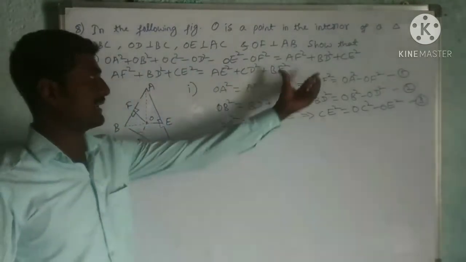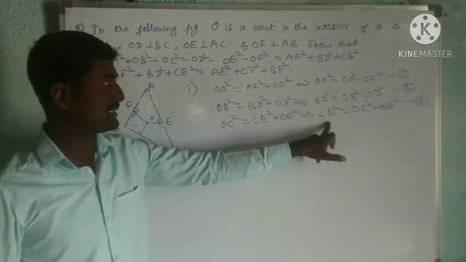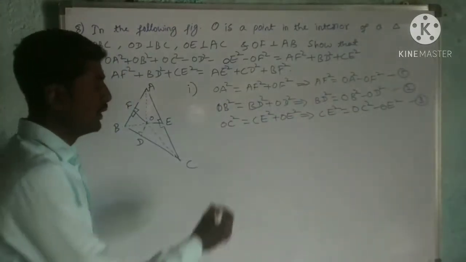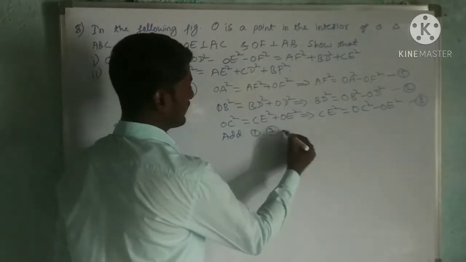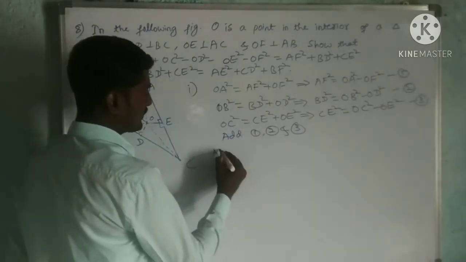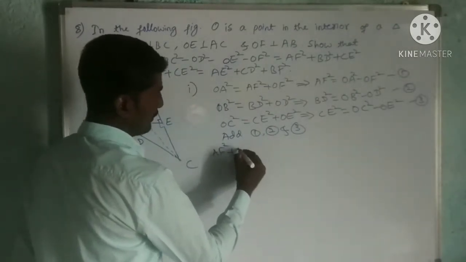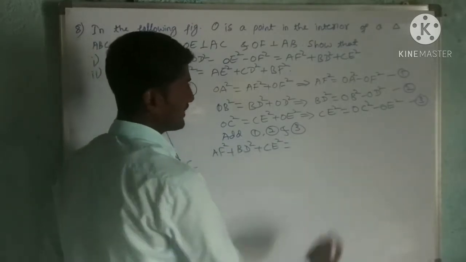Now see the right side. I want the sum of these three terms, AF square, BD square, CE square, which means we have to add equations 1, 2 and 3. Now let us add it. AF square plus BD square plus CE square, LHS is written.